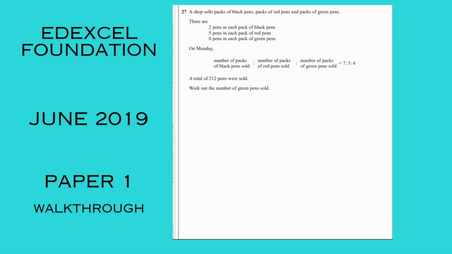Let's just get it all nicely organised. We have black pens, red pens, green pens, and the packs are sold in the ratio 7 to 3 to 4. But in terms of the number of pens, because that's what it's all about, we need to get away from the number of packs.